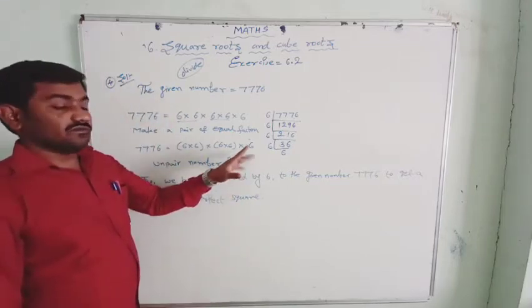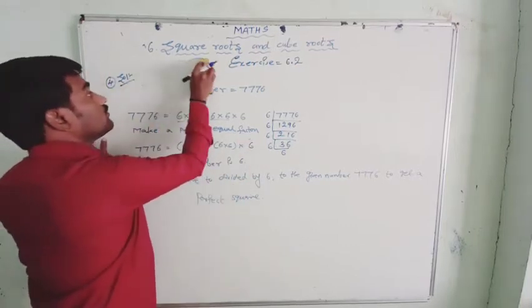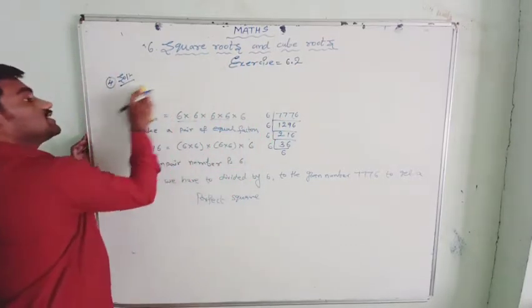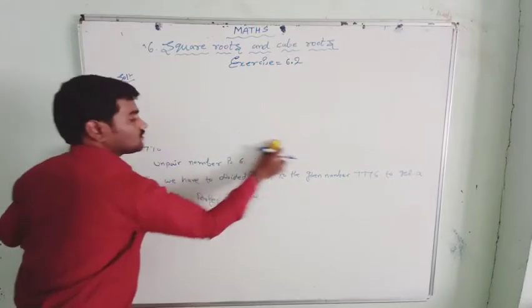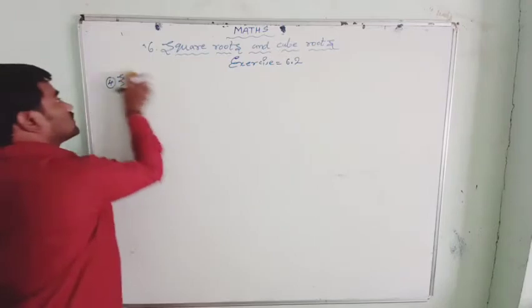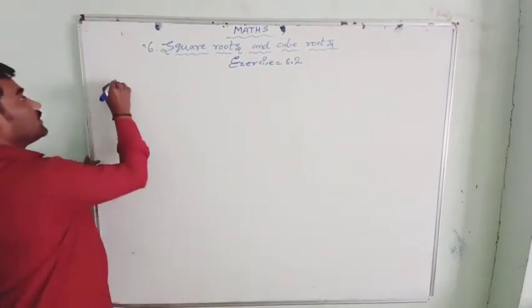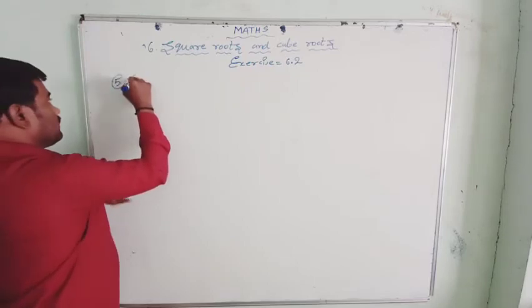Simple. When the question says to divide, you divide by the unpaired numbers. When it says to multiply, you multiply by the unpaired numbers. So our fourth solution is also completed. We go for the fifth solution.